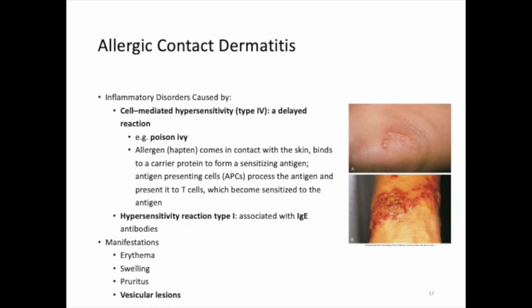So haptens or allergens come in contact with our skin and they bind to carrier proteins that will sensitize that antigen. Well, the APCs, or antigen presenting cells, will try to process the antigen and present it to the T cell. But when this happens, it becomes sensitized to the antigen.